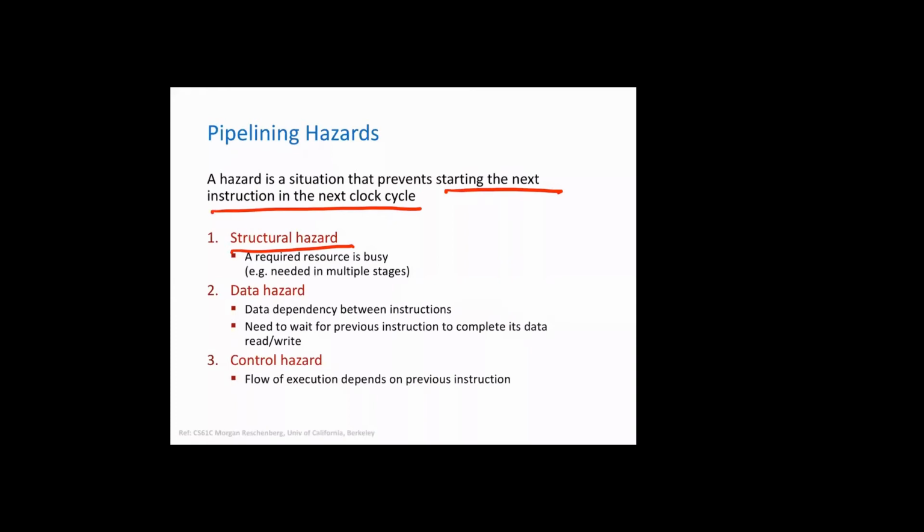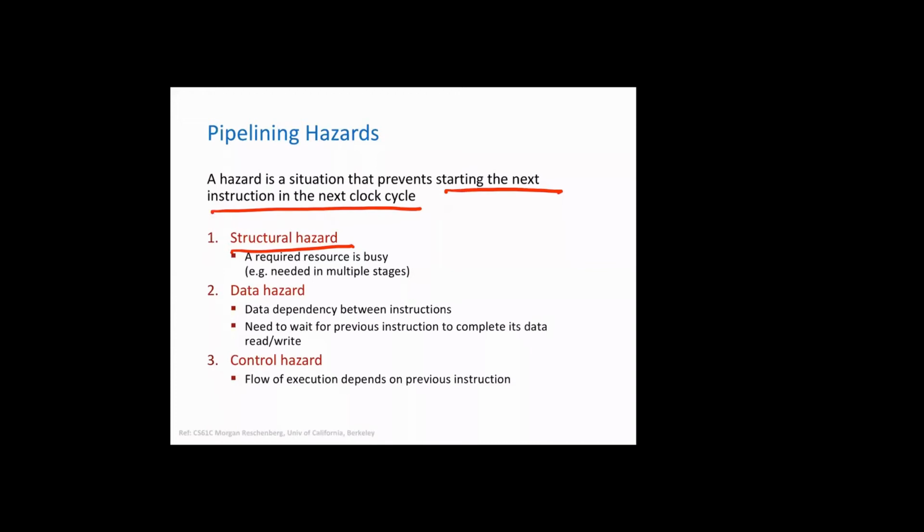Okay, so if a resource is busy, for example, if a resource is used by one instruction and is also needed by the next instruction. Now, what are the resources we have in the pipeline? Starting from left to right, we have the program counter, instruction memory, the register file, then the ALU and memory, right?